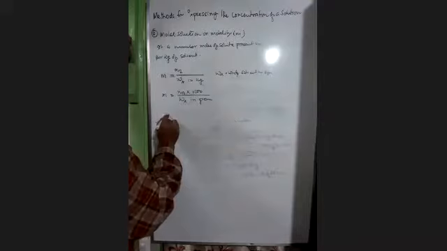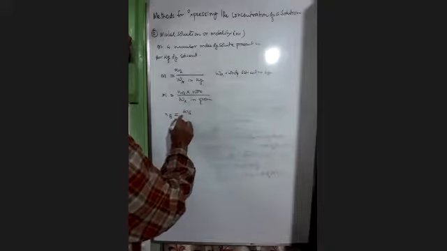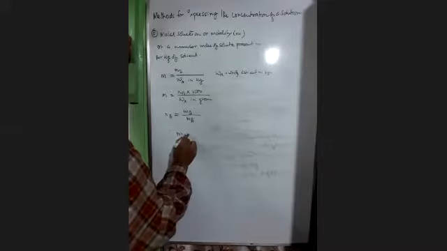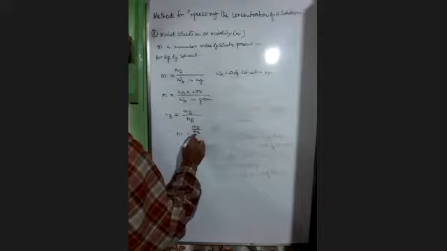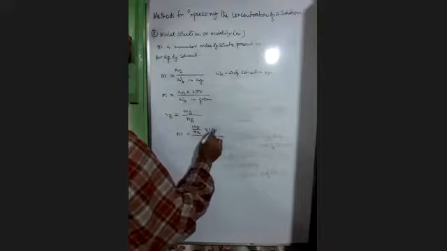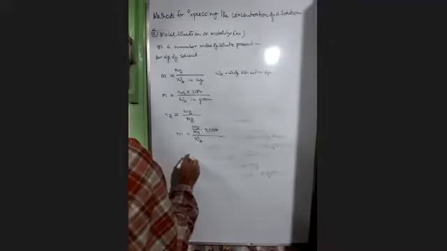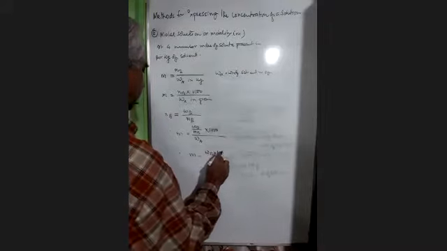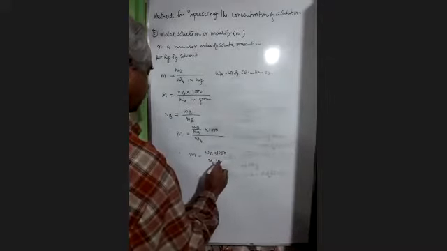Now you know nB is what? nB is WB by MB. So therefore, this is equal to WB by MB into 1000 by WA. Therefore, m is equal to WB 1000 divided by MB WA.